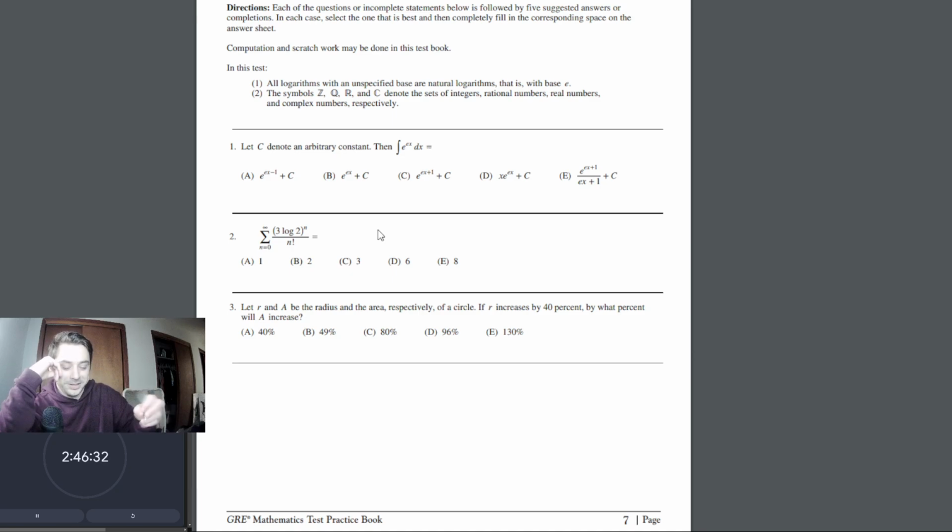E. Oh no. I think 1 is A. 2, because when you integrate, you subtract 1. Right? You integrate by dx. Pop the x. Interesting.